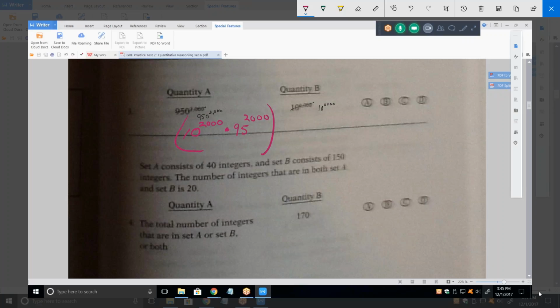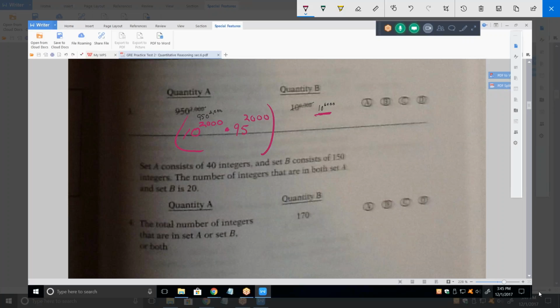We had another problem that was kind of like this, where you had to break up one of the numbers into the same base as is over here. It was that ridiculous problem that had something about 2 or 5 and 10 in the denominator, and you had to express it as one of the others. So if you look at it that way, then quantity A is bigger.